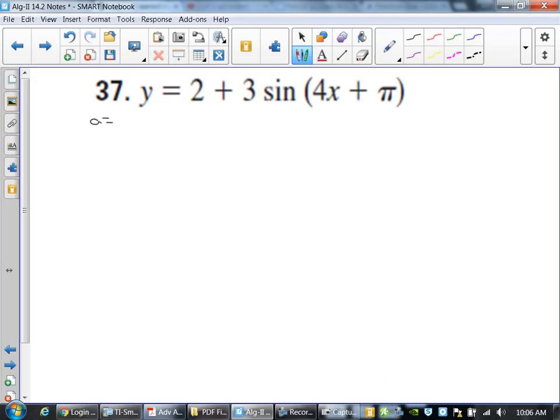So the A value is 3, and for the B value, you have to take the 4 out, which gives you a shift of pi over 4. That's the trick. You get a pi over 2 period with a shift of pi over 4.